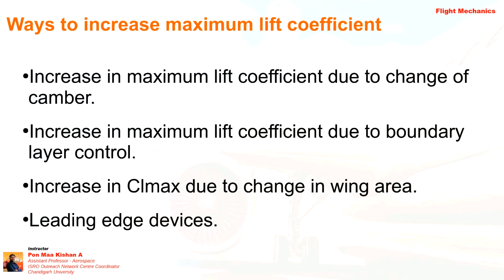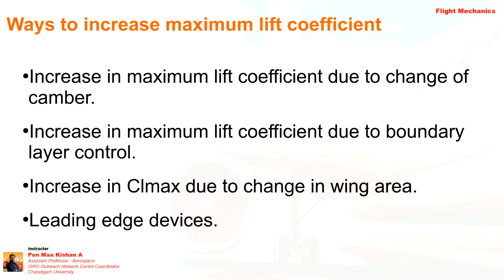So the first one is to change the camber. So camber is the distance between the chord line and the camber line. So if we make changes in camber, then we can attain maximum lift. The second one is increasing the maximum lift coefficient through the boundary layer condition. So by changing the boundary layer, we can increase the maximum lift. By changing the wing area, we can increase the maximum lift.